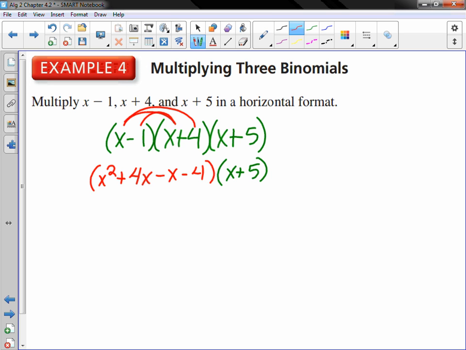Any questions on anything we've done so far? So we're good with getting to this first step? Yes? Combine like terms first before we do anything else. Because the like terms we can combine are 4x and negative x, which would give us x squared plus 3x minus 4.